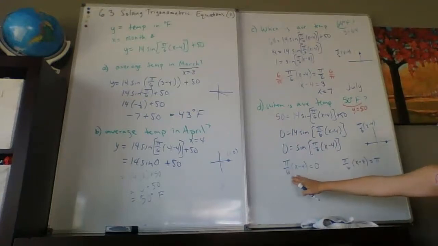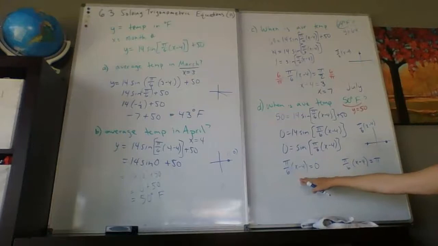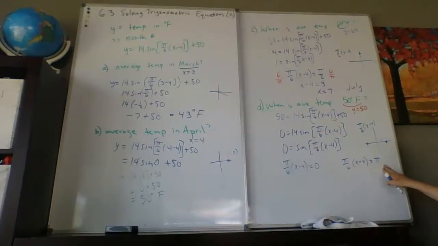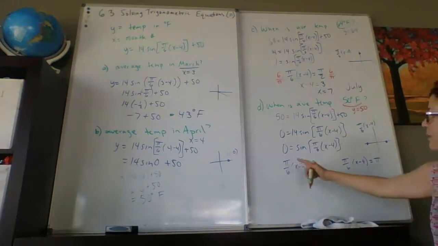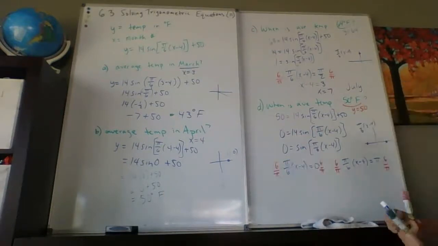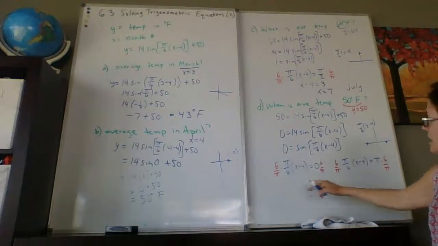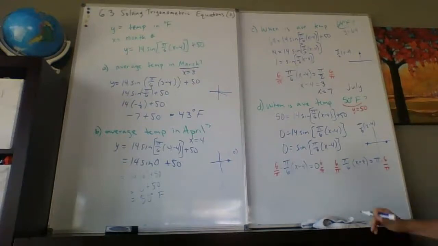So we get pi over 6 times that quantity x minus 4 equals 0, or pi over 6 times that quantity x minus 4 equals pi. So I will go ahead and solve these both at the same time. We're going to first multiply by the reciprocal of pi over 6. So I multiply both sides of both equations by 6 over pi.